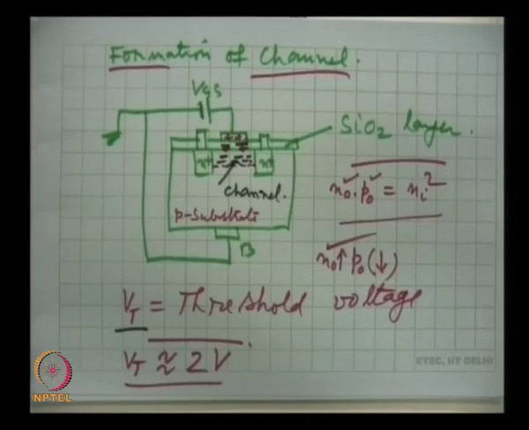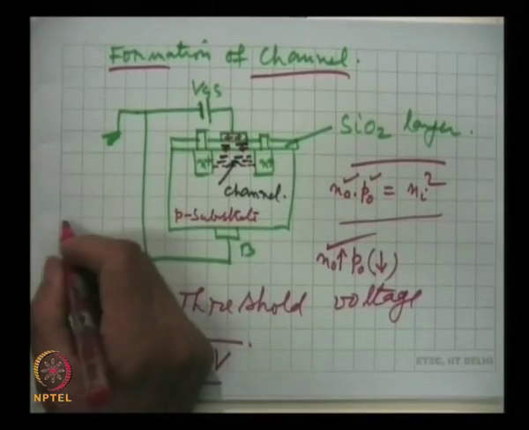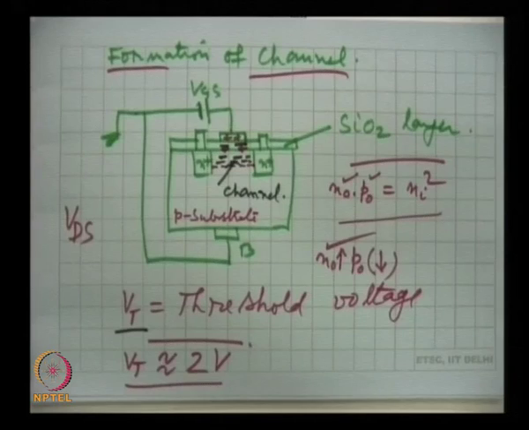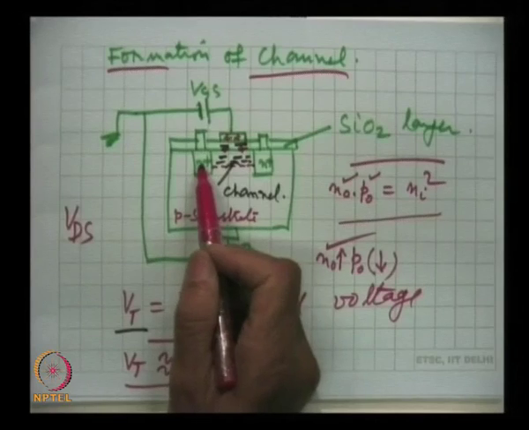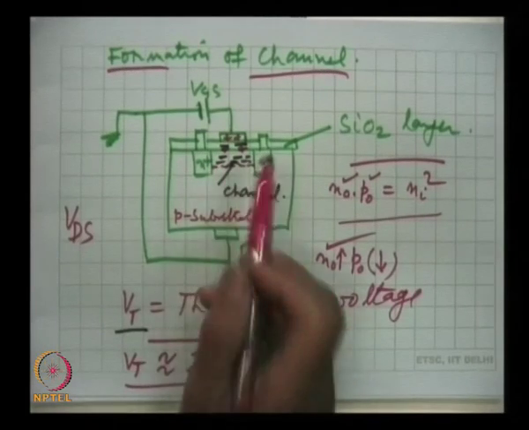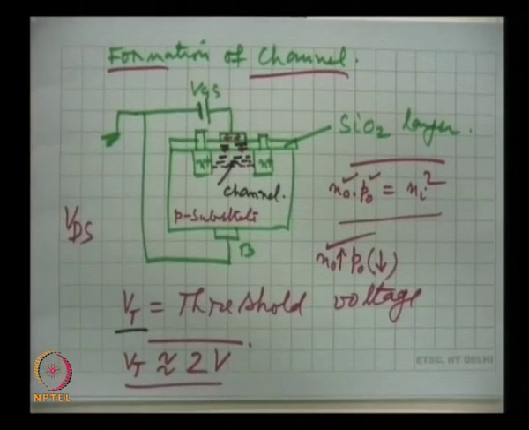So, gate voltage has to be positive and more than 2 volts, only then the channel will be formed. Once the channel is formed, we apply VDS, the drain source voltage, and the current will flow, because now there is connectivity between source and drain through the channel. So, this is about the construction.